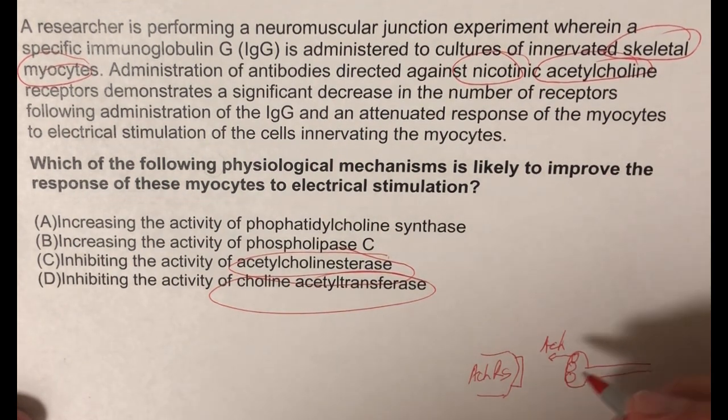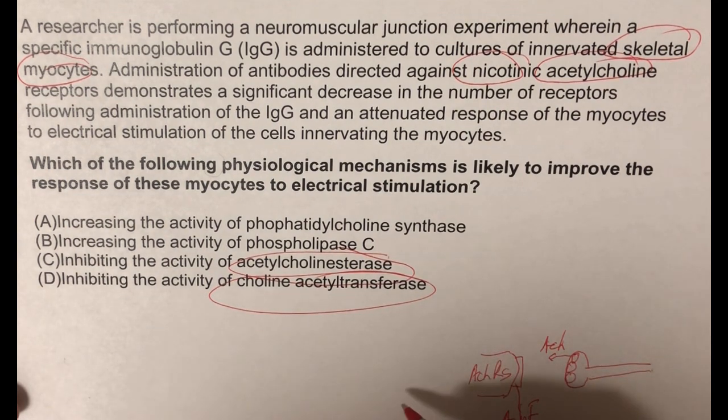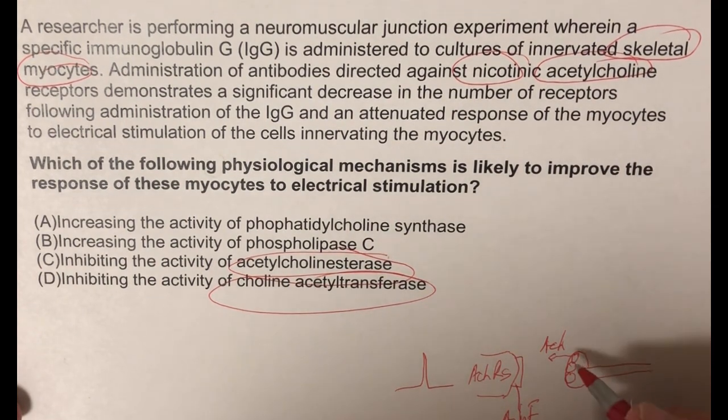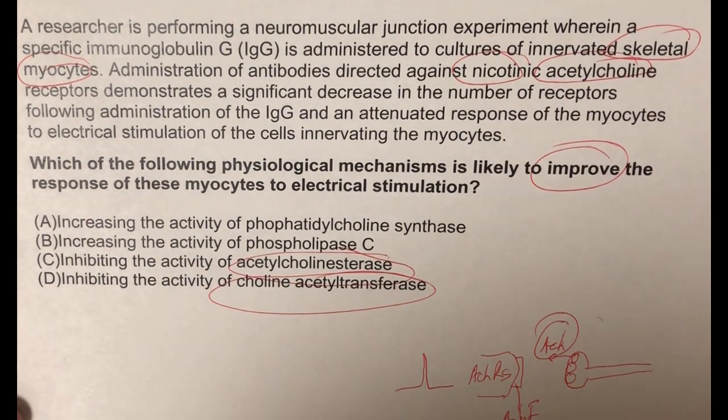Part of the acetylcholine receptor is an enzyme known as acetylcholinesterase that breaks down the acetylcholine. If acetylcholine stimulates the acetylcholine receptors adequately, we'll get an action potential in the muscle and a contraction. So, inhibiting the activity of acetylcholinesterase should raise the level of acetylcholine in the synapse here at the neuromuscular junction and improve the response of these myocytes to electrical stimulation.